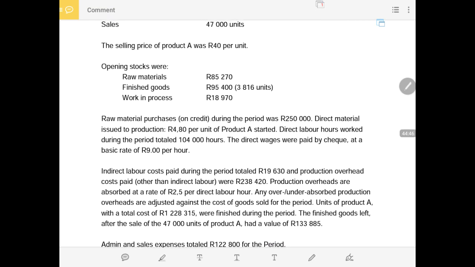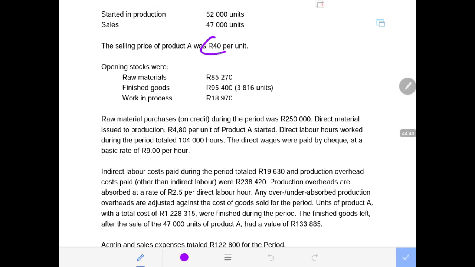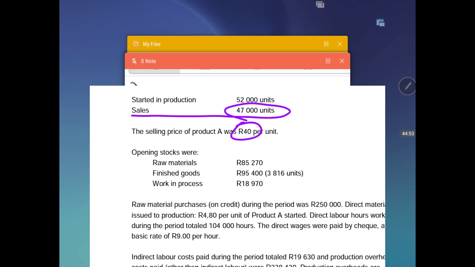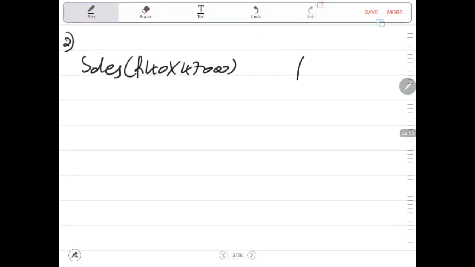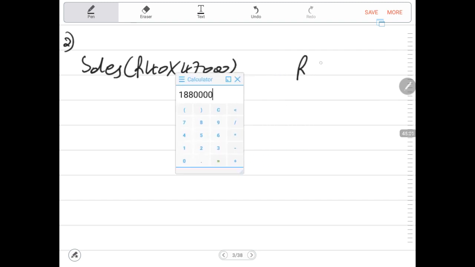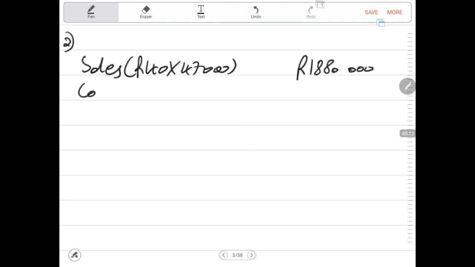The selling price for product A is 40 Rand and sales is 47,000 units. So our sales revenue will be 47,000 times 40, and this gives us 880,000.